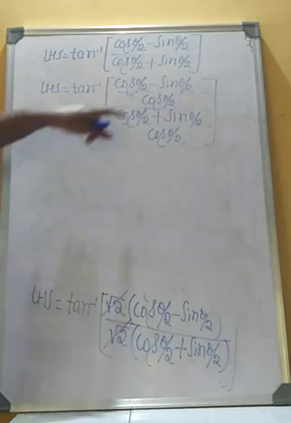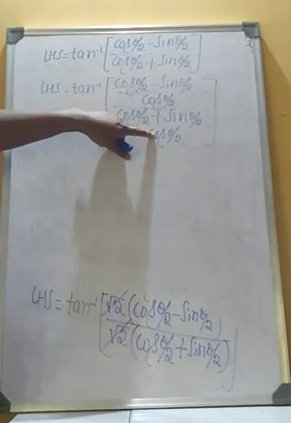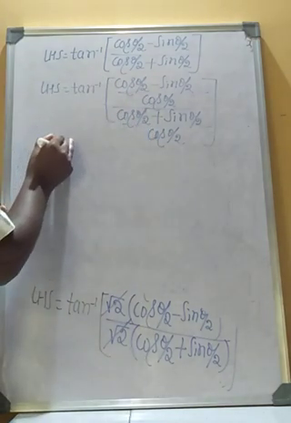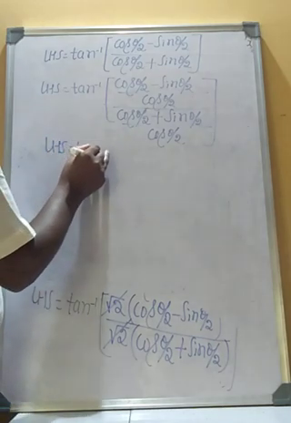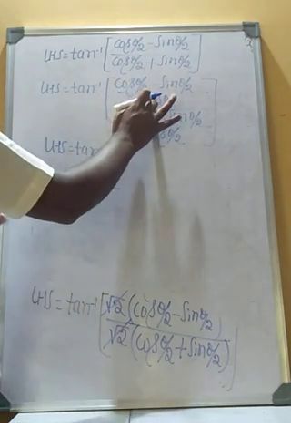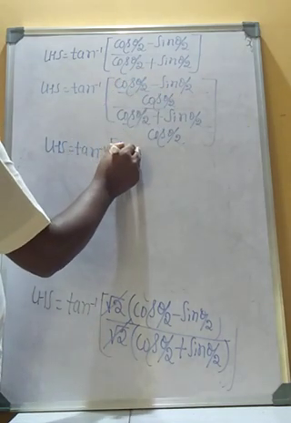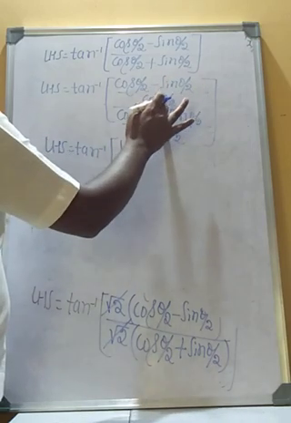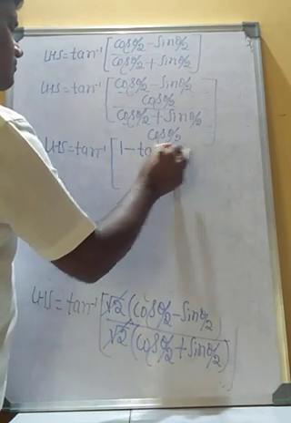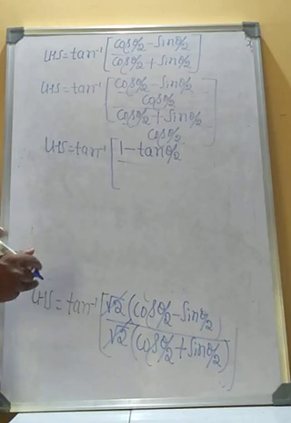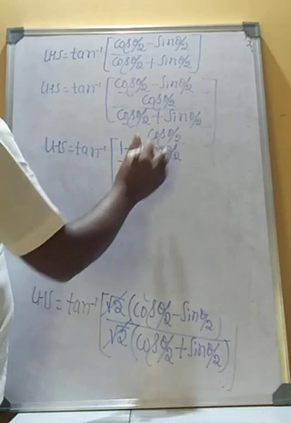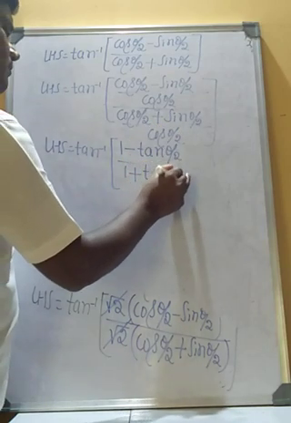That means dividing numerator and denominator by cos theta by 2. So left hand side equals tan inverse of 1 minus sin theta by 2 by cos theta by 2, which is tan theta by 2, dividing by the denominator also, 1 plus sin by cos, tan theta by 2.